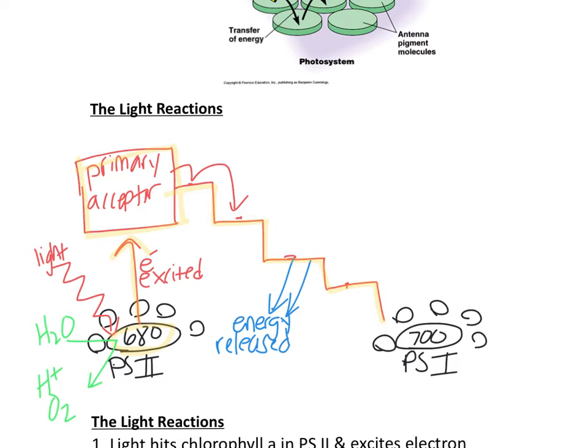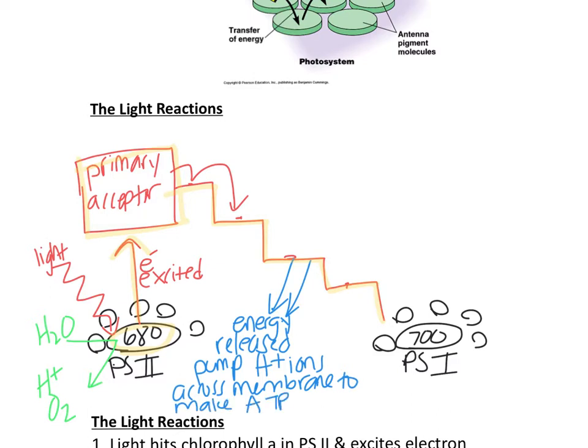There's a small amount of energy that's released from an electron falling down the electron transport chain. That released energy is used to pump hydrogen ions across the membrane to make ATP. That is the same process we saw in respiration.